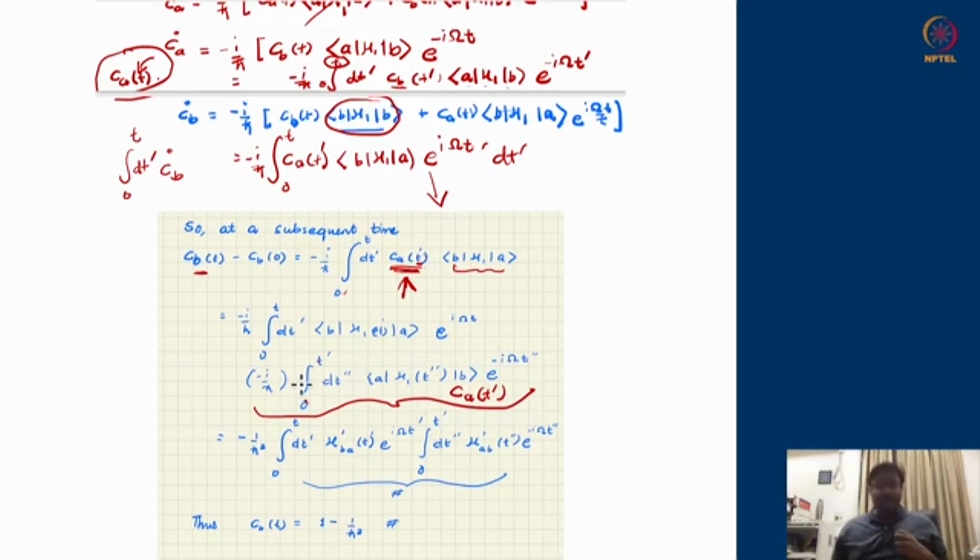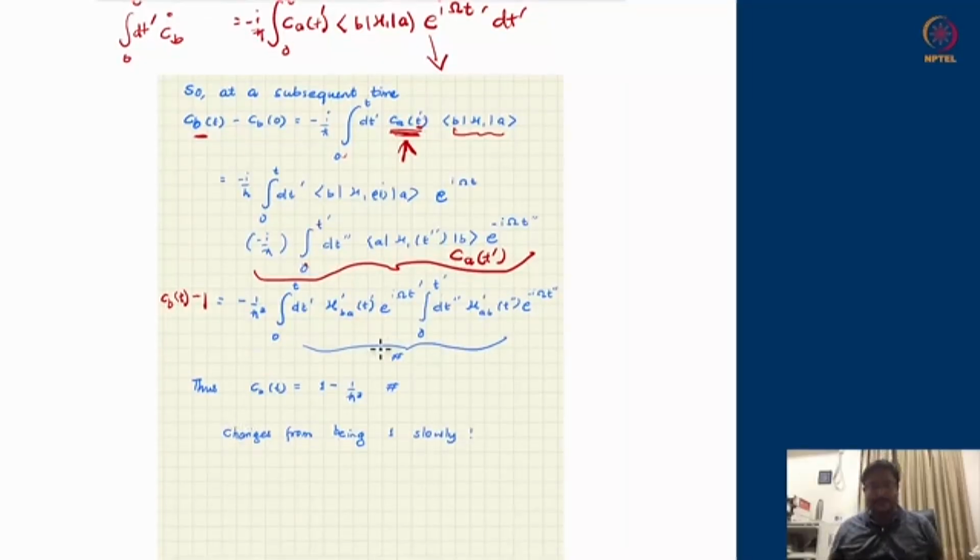Okay, so ultimately you see the CB of t minus CB of 0, which was 1, is this expression of a double integral. In a double integral, matrix element H1 BA has appeared and H1 AB has also appeared. And they are at two different times, but they are complex conjugate of each other.